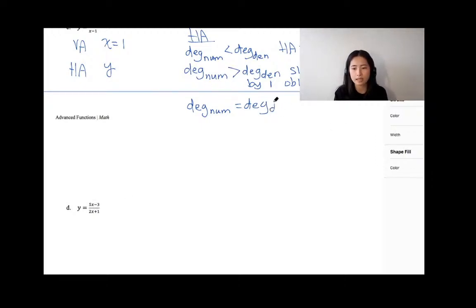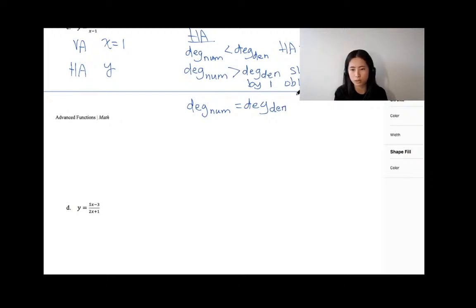In that case, you would have to divide by the highest power of x. I'm going to go over that in a bit, so this will all make sense afterwards.